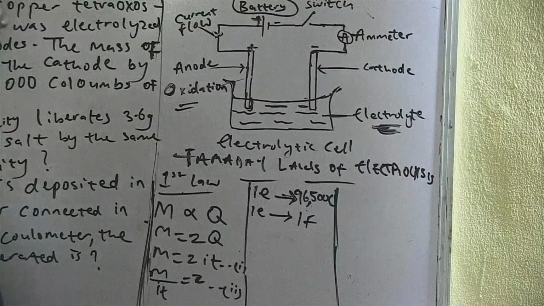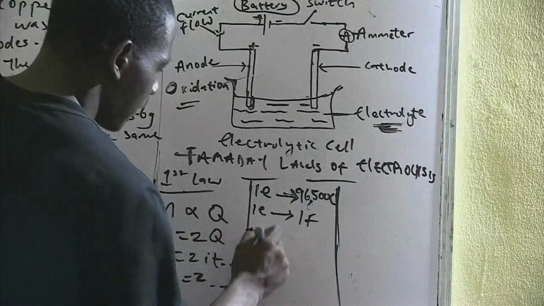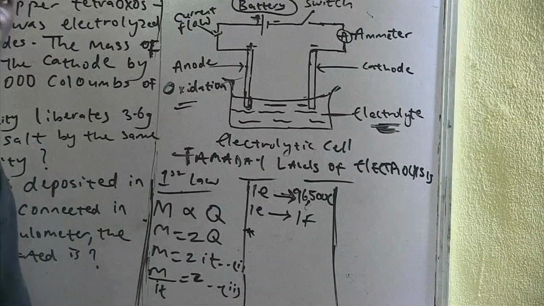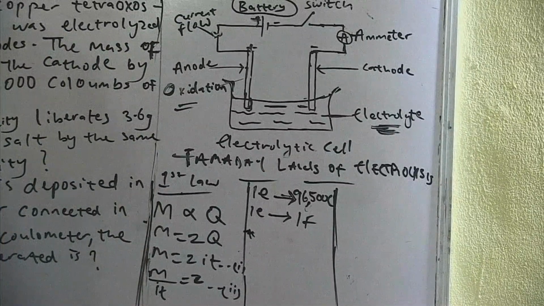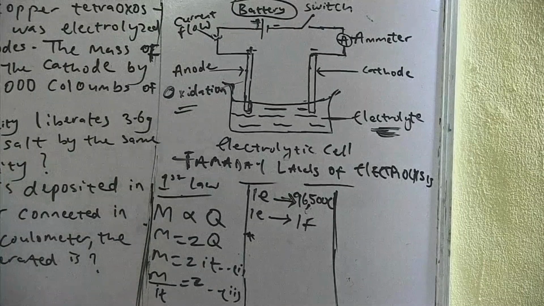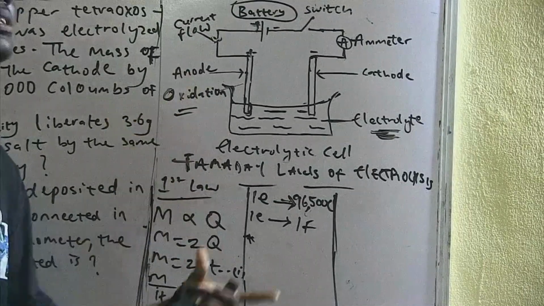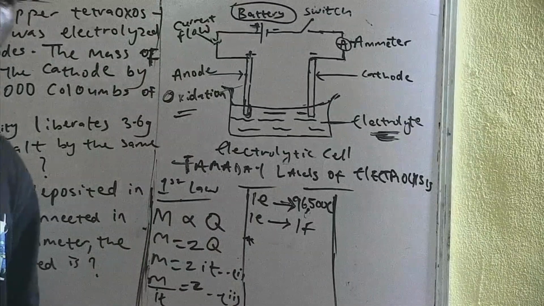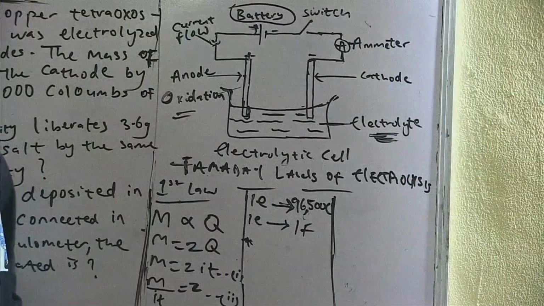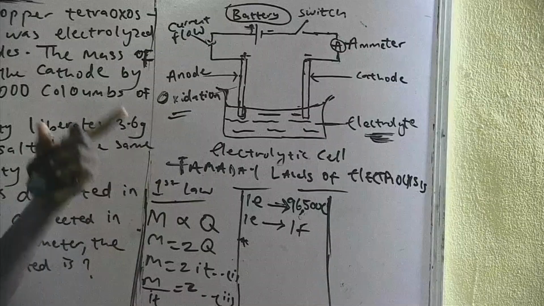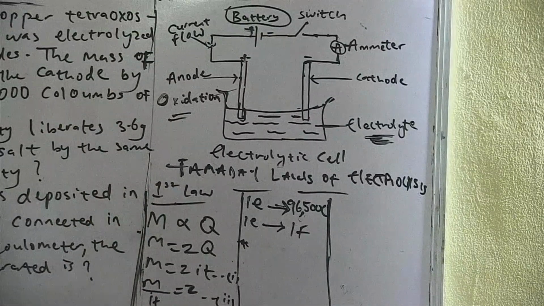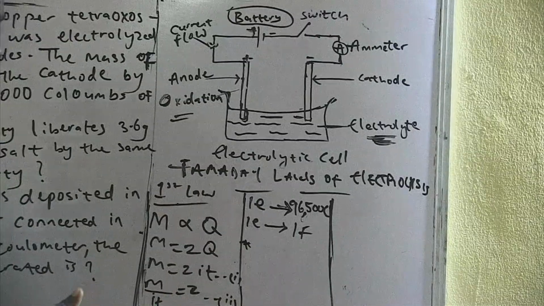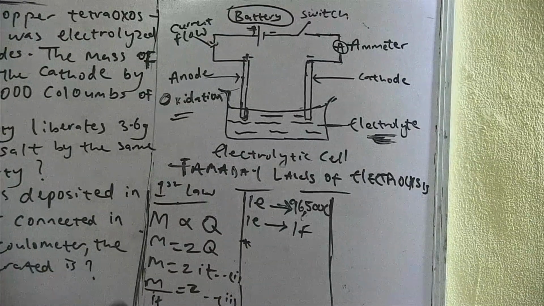Another thing to note, still under the first law, is the relationship between the Faraday, that is the quantity of electricity to pass through, and the mass-mole relationship, and the charge that the substance carries.